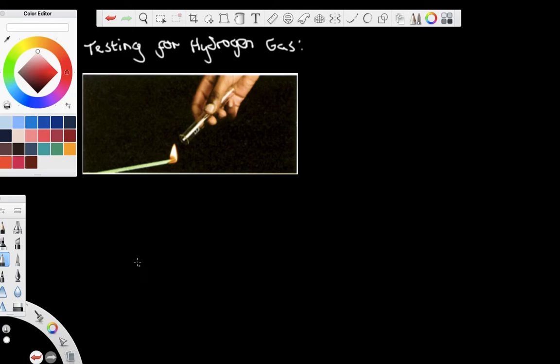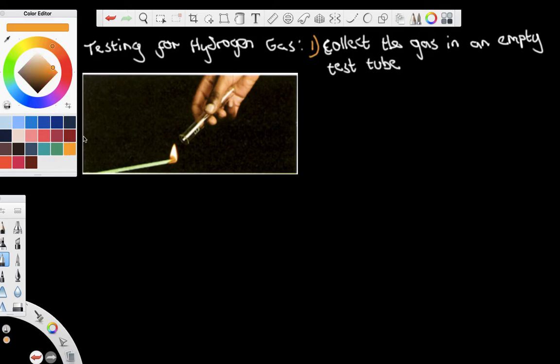So to test for hydrogen gas, we can say, number one, collect the gas in an empty test tube. Our next step, number two, would be to light a splint.